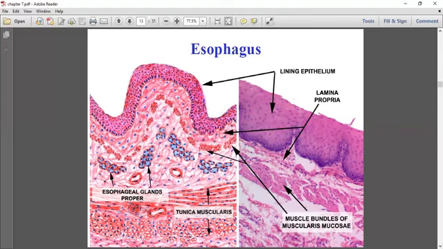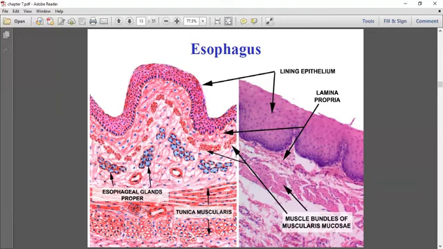Stratified squamous epithelium, non-keratinized, lamina propria, muscularis mucosa, submucosa, esophageal gland, which is multicellular acinus or alveolar in shape, mucus secreting, and tunica muscularis, which is arranged into 2 layers, circular and longitudinal.